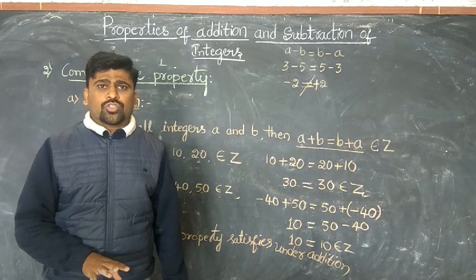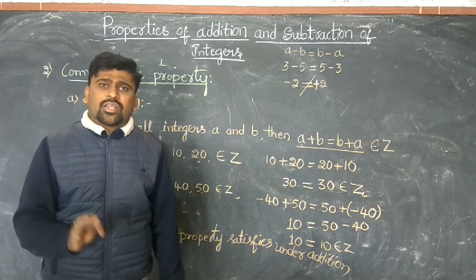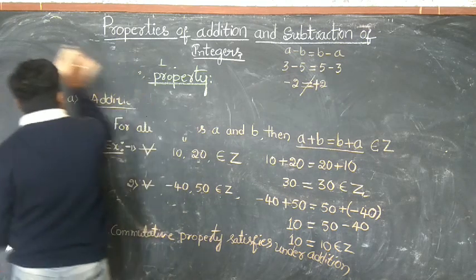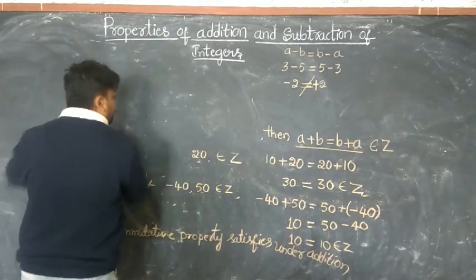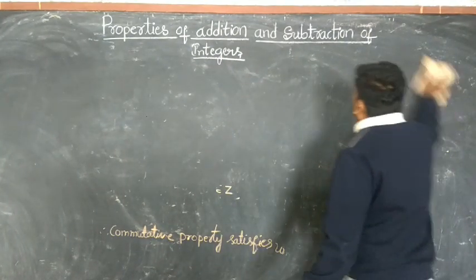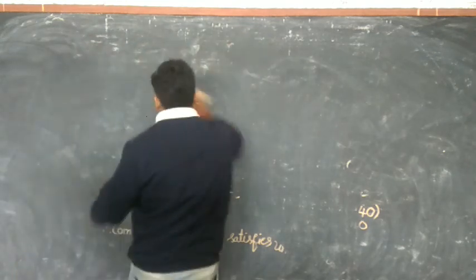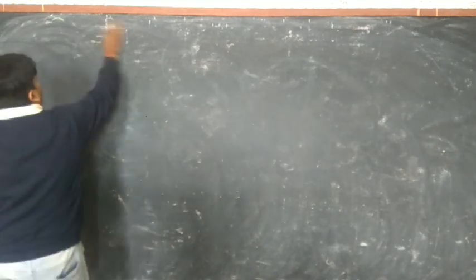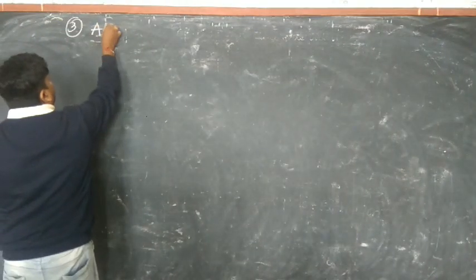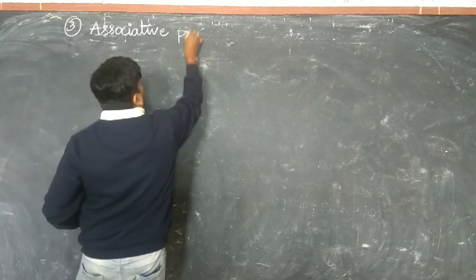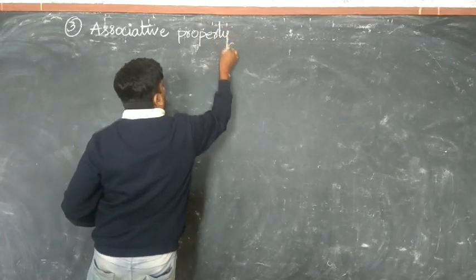This is the second property. Understood? First one is closure property, second one is commutative property and the third one is associative property.